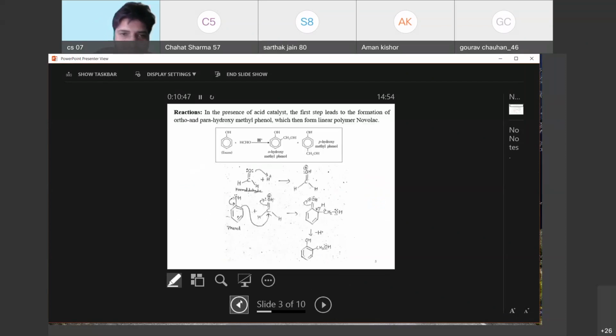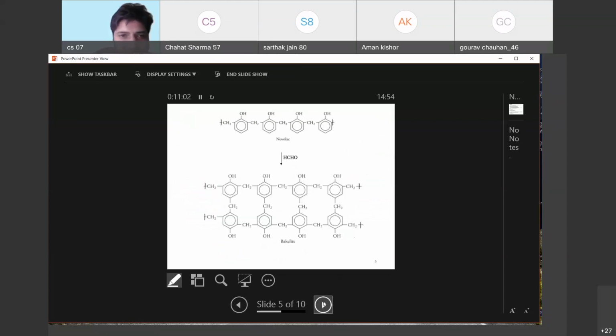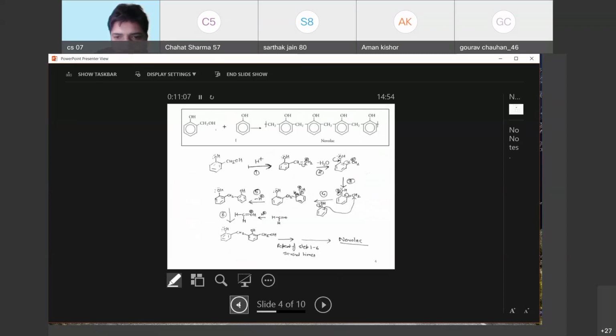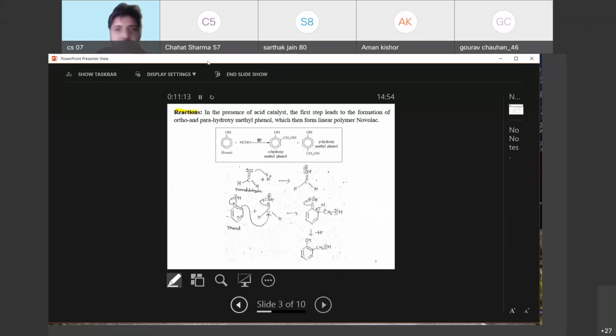So here I will show you the reaction, how this reaction goes on. We will discuss the reaction in both cases. First we will see the reaction in the presence of acid as the catalyst.